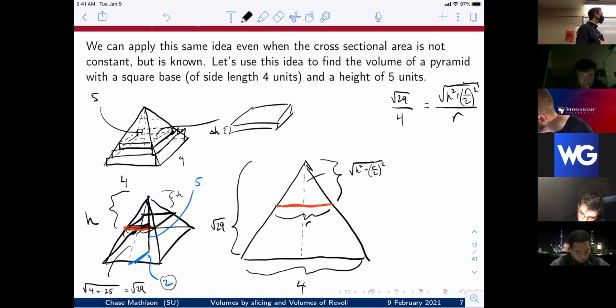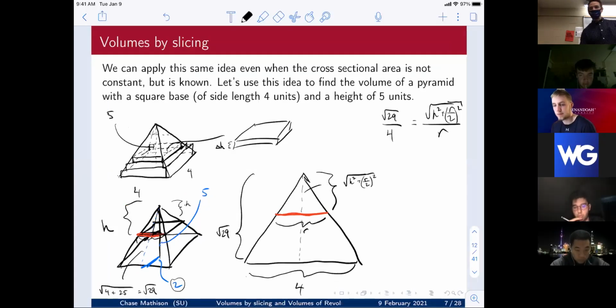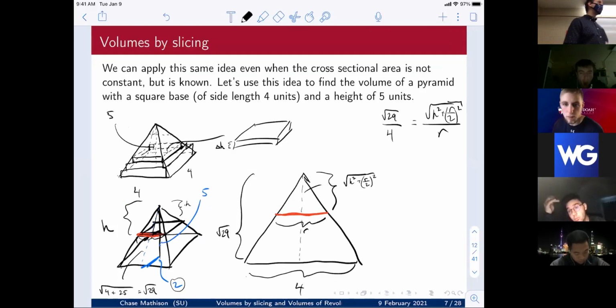Okay. These numbers are not working out the way I remembered them, so I'm sorry about that. But now I have one equation involving r and h. And again, if I can write r in terms of only h, then we can integrate and we're done. So what is r in terms of h? Well, how do I solve this equation for r? First thing I want to do is square both sides.